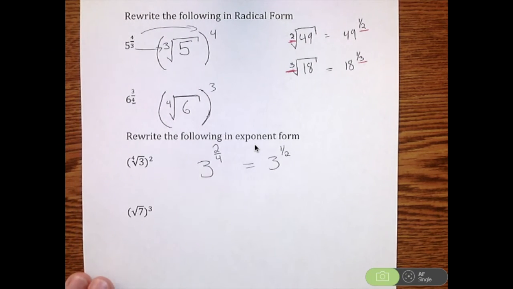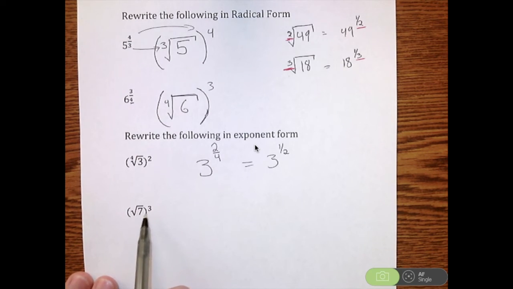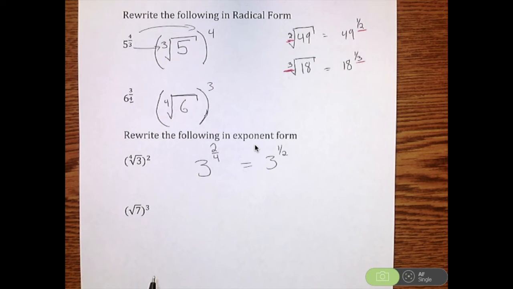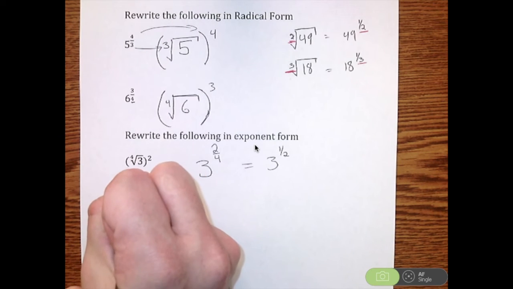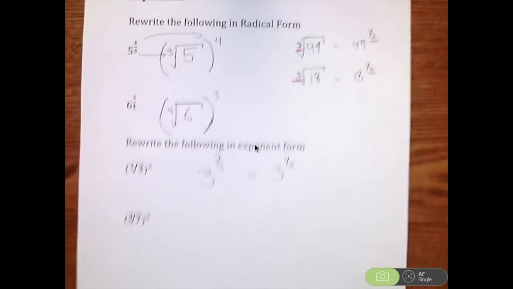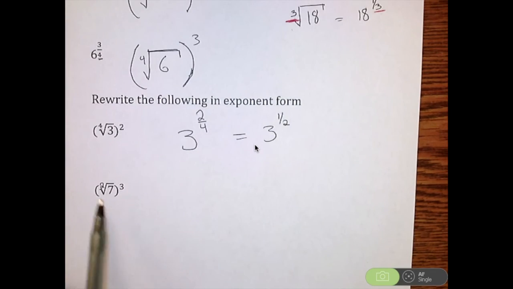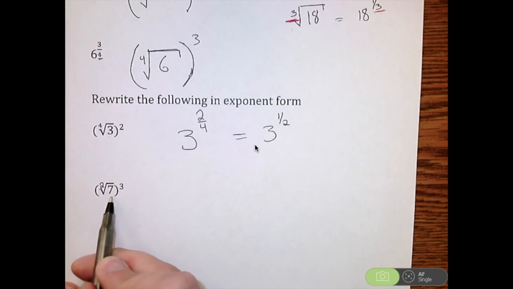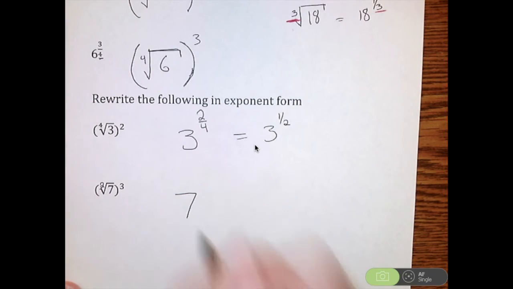Another example here, we have the square root of 7, all to the power of 3. Now this one is a little bit tricky because a lot of people forget there's no number there. Remember, this is a square root, and when you have a square root, that typically means there's a 2 there, even though that might be a little hard to see. I wrote in my 2 there. So I have a 7 inside, so I'm going to have a base of 7.